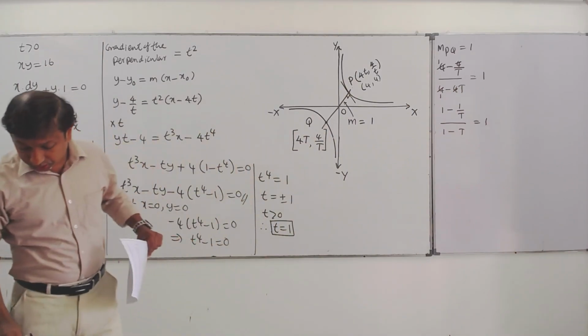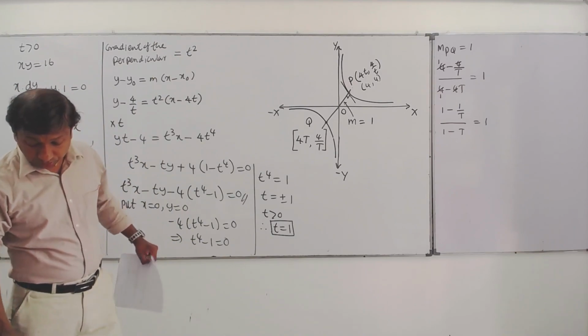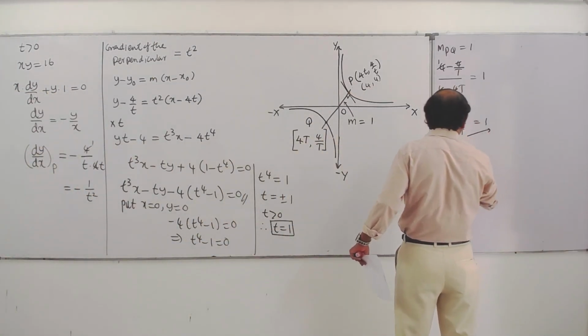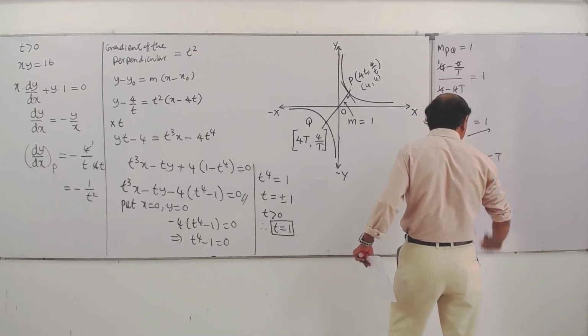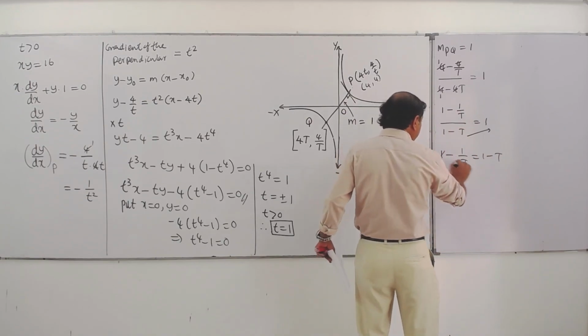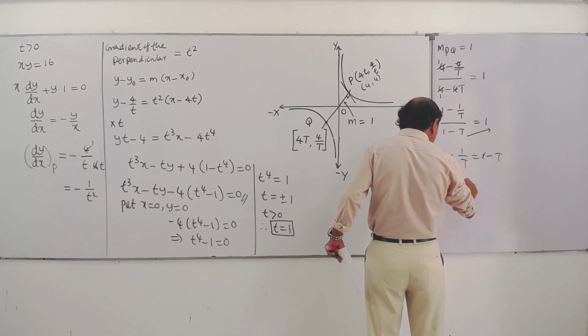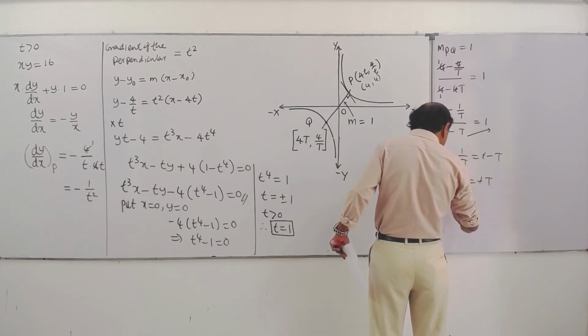Then we get, using cross multiplication, 1 minus 1 over t equals 1 minus t. Okay, these two you can cancel down. Then we get minus 1 over t is equal to minus t. Again minus signs cancel down.